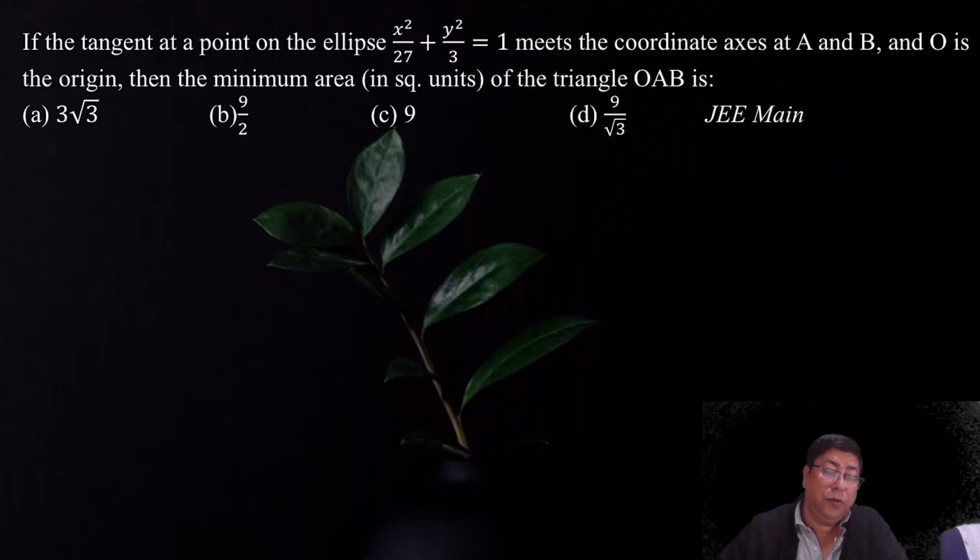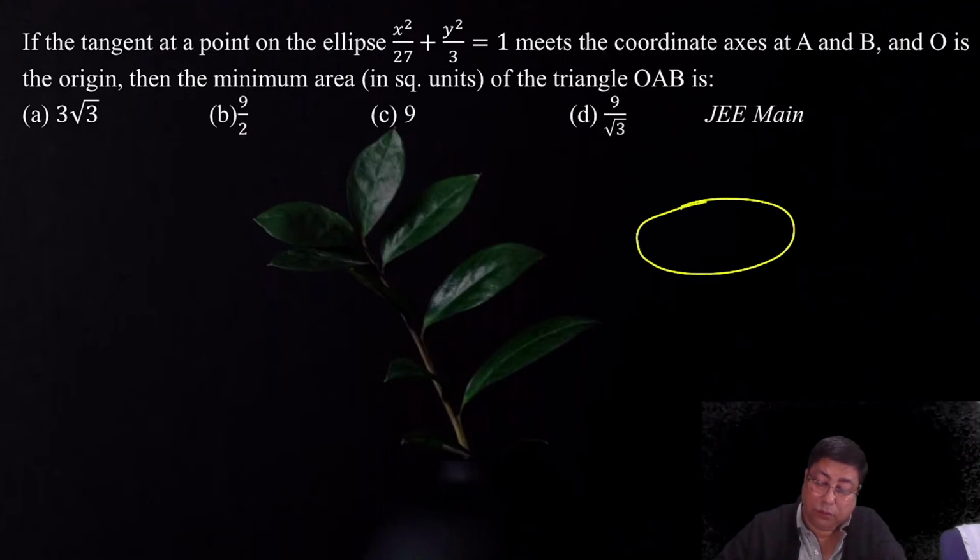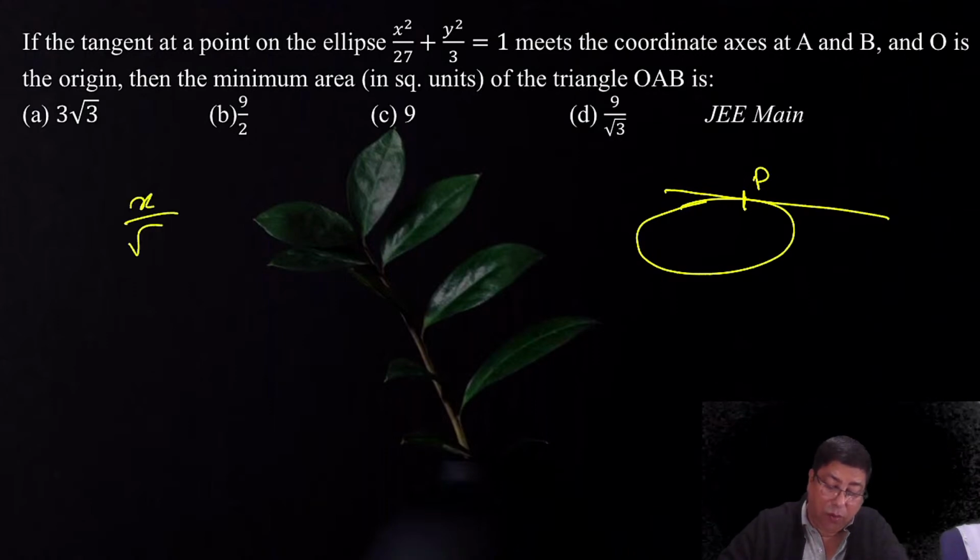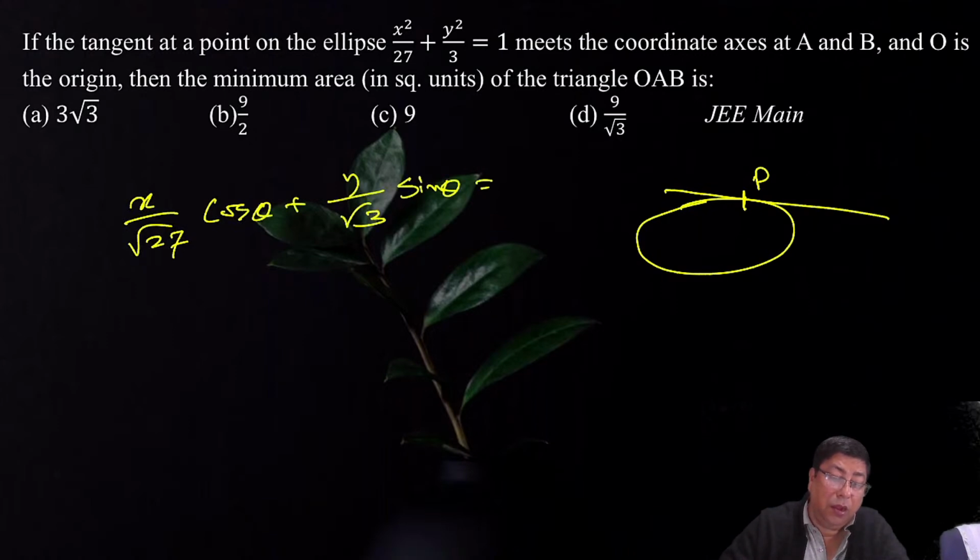So first of all, we have to get the equation of the tangent. This is the point P and this is theta. So x by root 27 cos theta plus y by root 3 sin theta equal to 1.